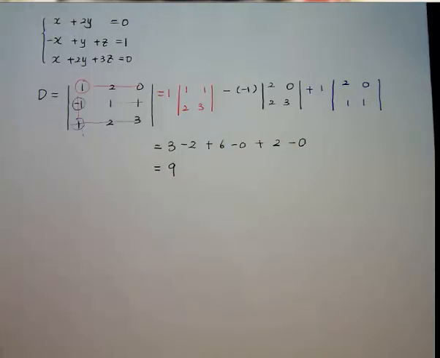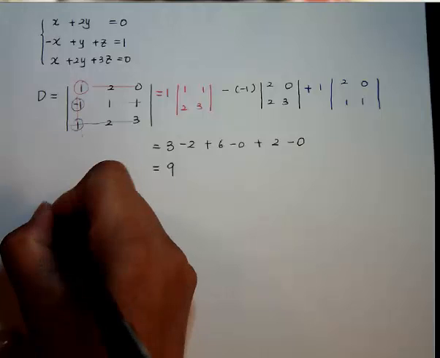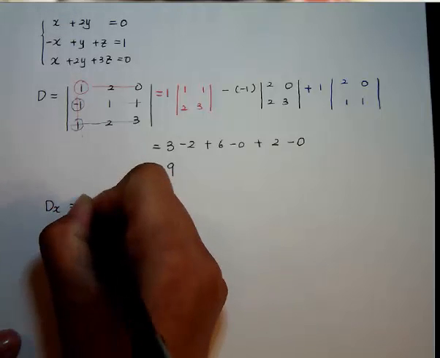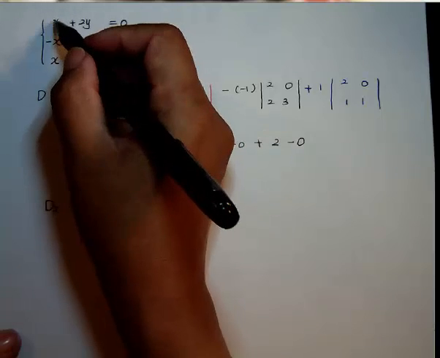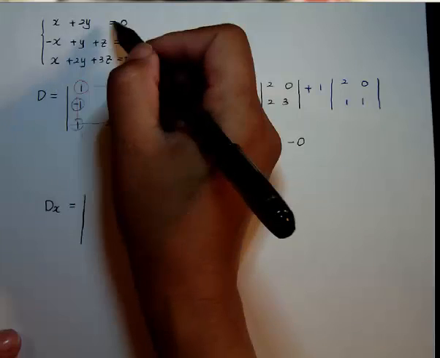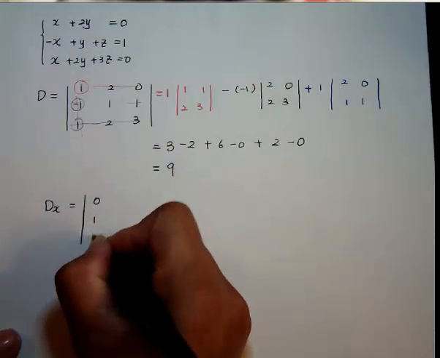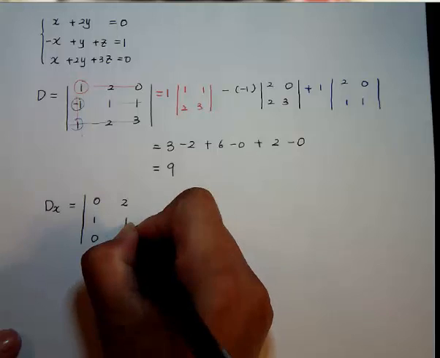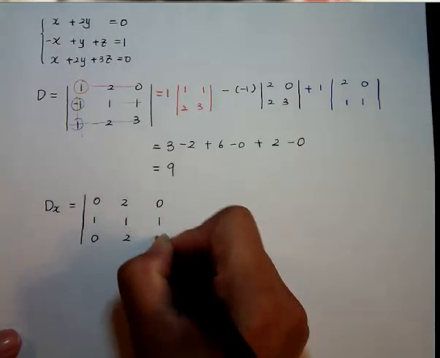From the Cramer rule, we need to find dx, dy, and dz. dx is the determinant where we replace the x coefficient by the constants 0, 1, 0, 2, 1, 2, 0, 1, 3.